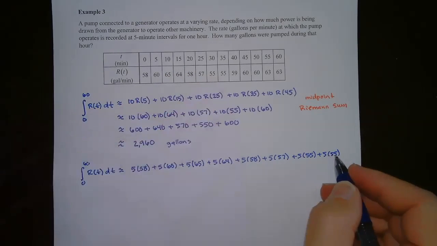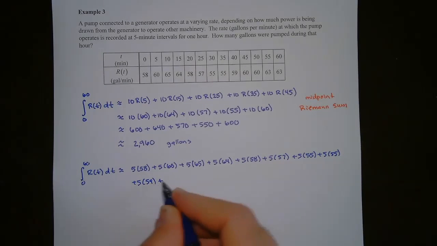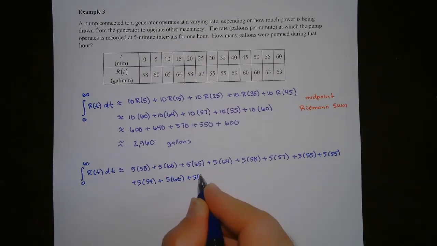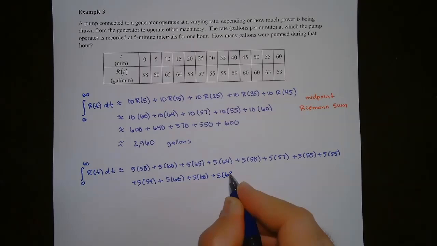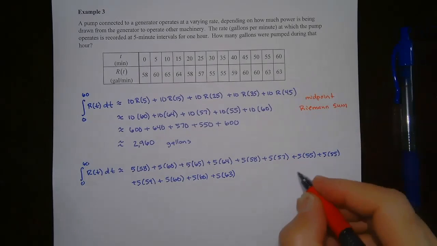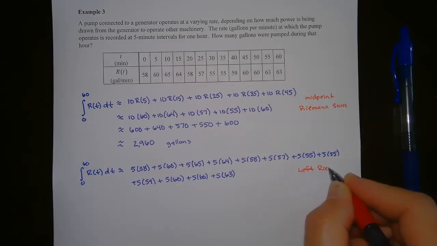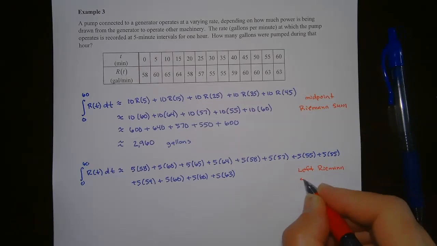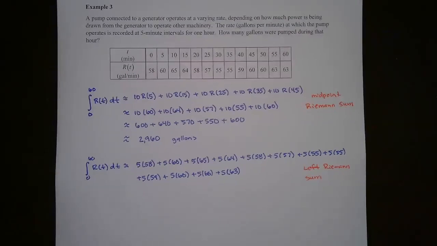And then plus 5 times 59 plus 5 times 60 plus 5 times 60 plus 5 times 63. Okay, and we're stopping at this one because we're doing a left Riemann sum, or LRAM.